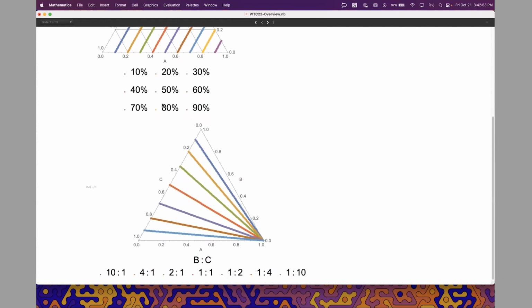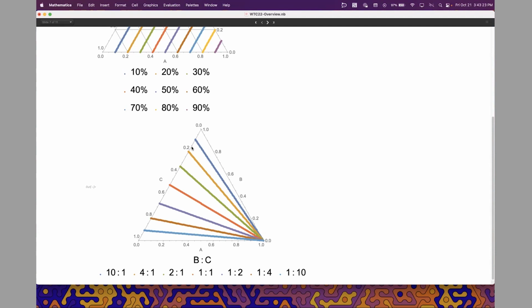The other type of lines that you can get are lines that go into a vertex. In this case, each of these lines is a fixed ratio between 2 of the components. So this blue line that's on top of all the others corresponds to all samples where component B is 10 times what component C is.